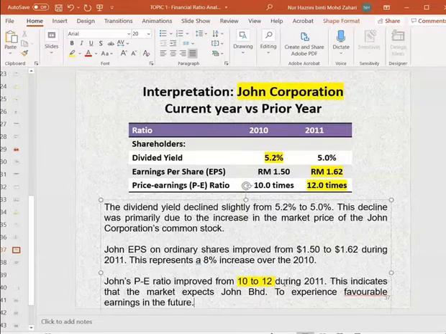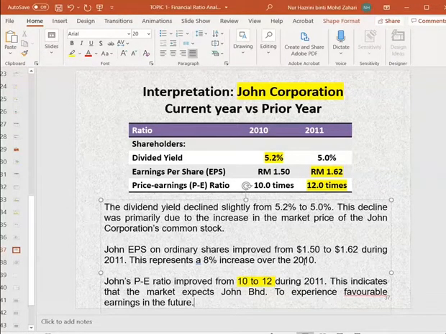shares, the better. Even though you give them lower dividend or lower EPS, the higher people want to pay, the better, because the higher means your company is doing well in terms of word of mouth. People are talking about good things about your company.